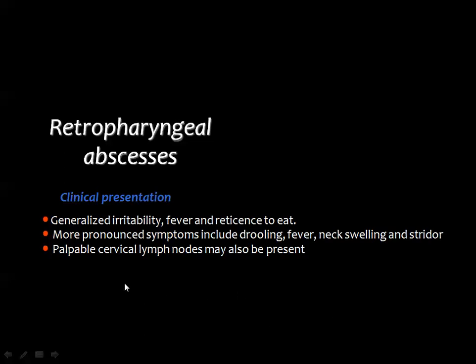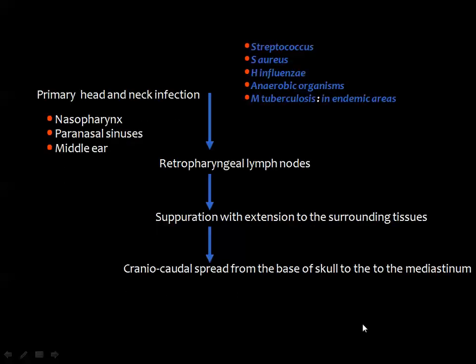And also you may have palpable cervical lymph nodes. The primary infection may be present in the nasopharynx, in the paranasal sinuses, or in the middle ear. The infective organisms are Streptococci, Staphylococcus aureus, Haemophilus influenzae, anaerobic organisms, and of course TB in endemic areas.